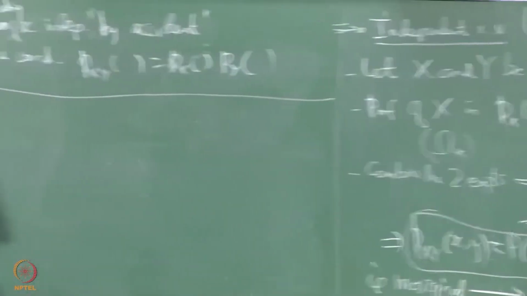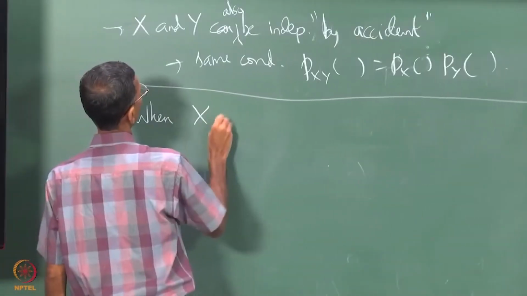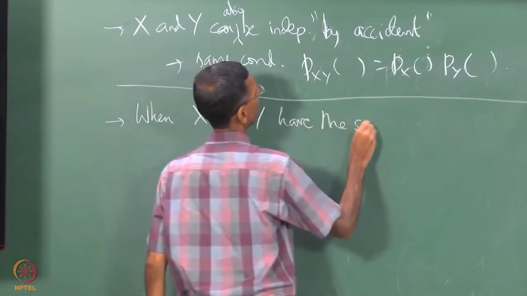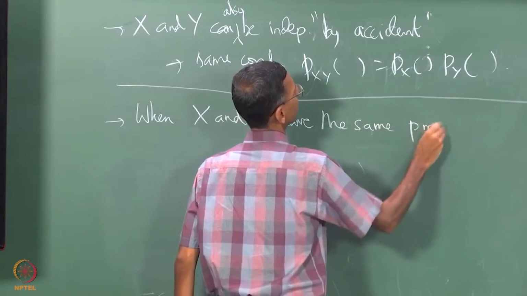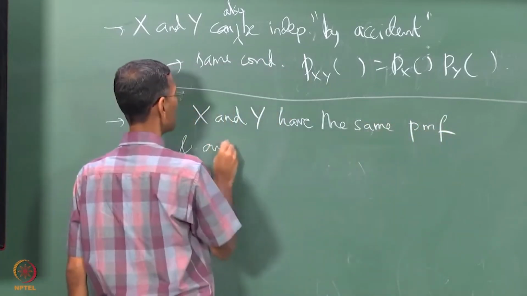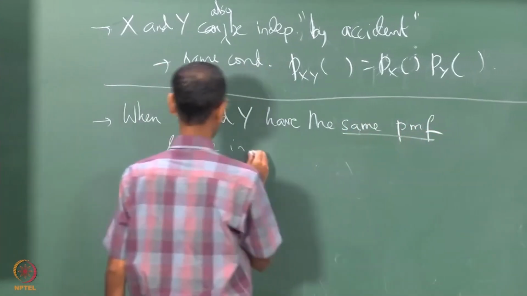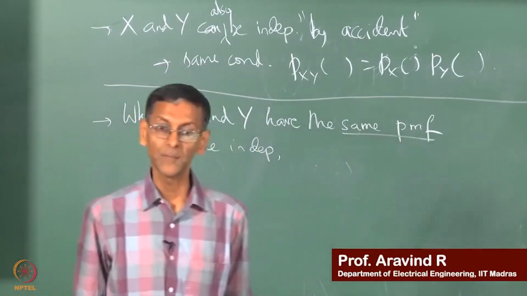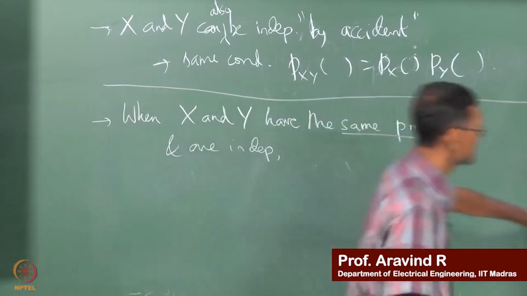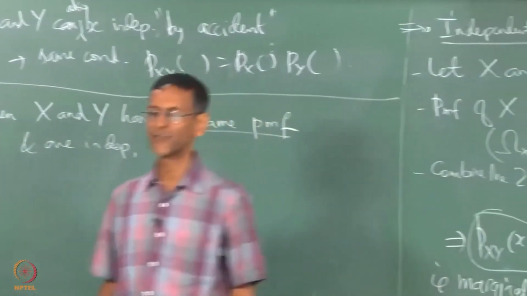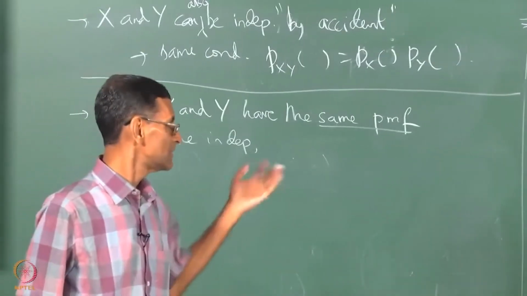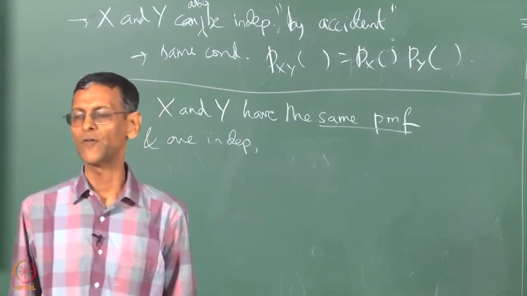So when x and y have the same PMF and are independent, what do you call them? Supposing x and y are independent random variables, that means that this is satisfied, and it turns out the function px is equal to the function py.